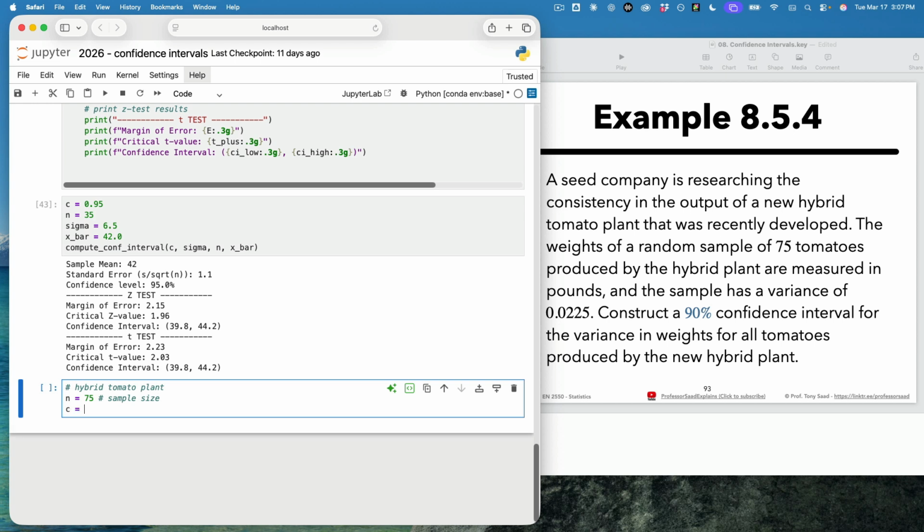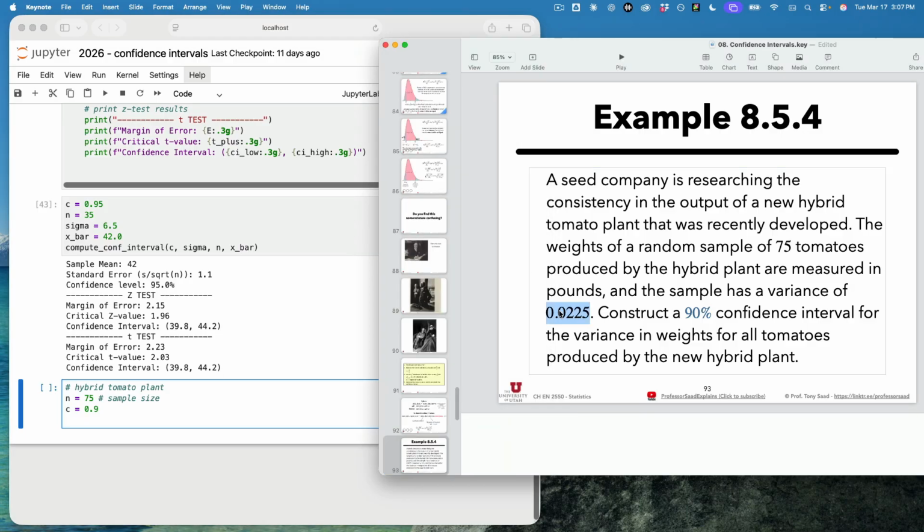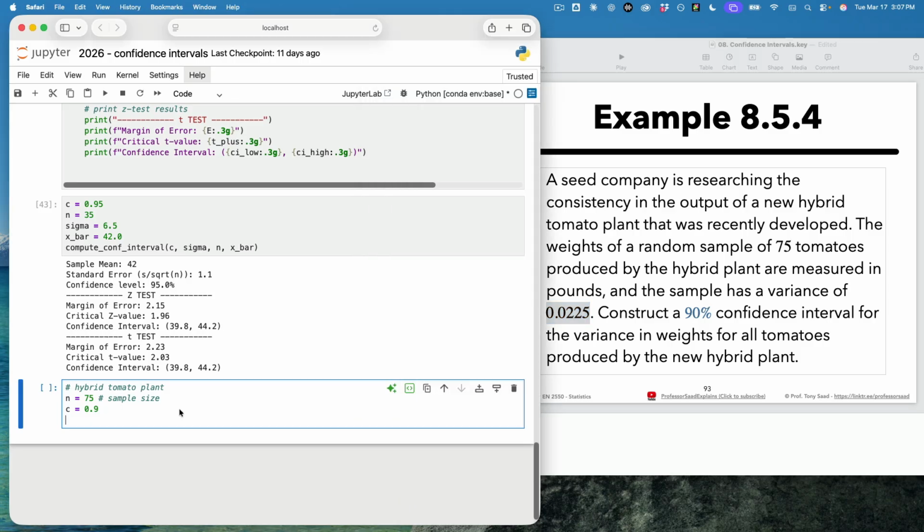And then we have our confidence level is 0.9. And then my variance is 0.225. So s squared is 0.225. This is pounds squared.